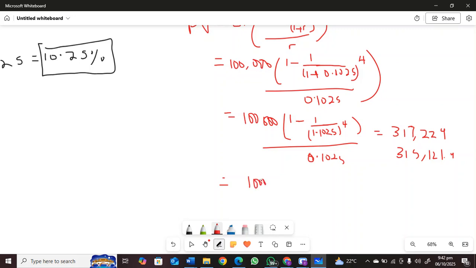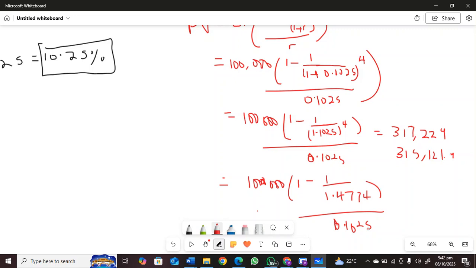Anybody else? Let me also do it here. 100,000, 1 divided by 1.4774.